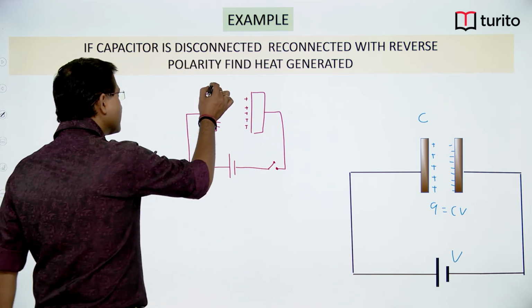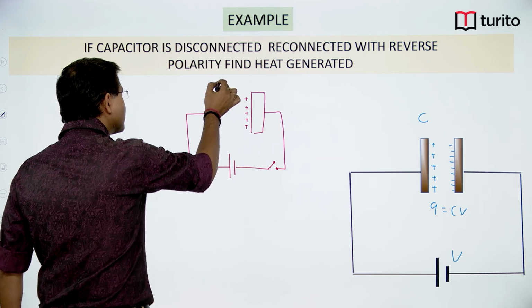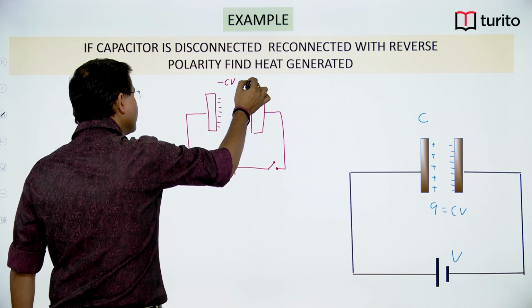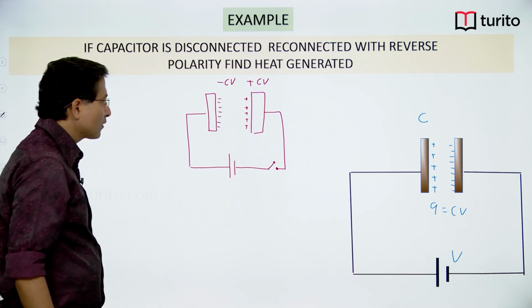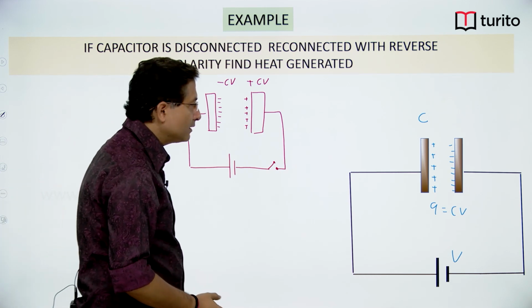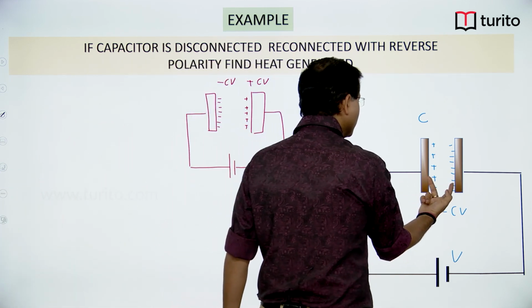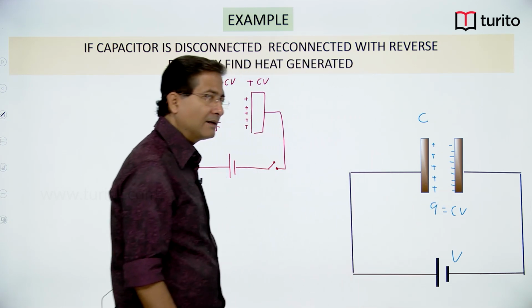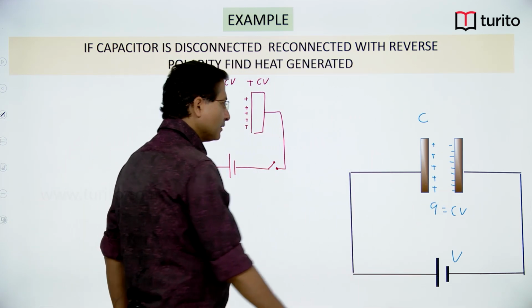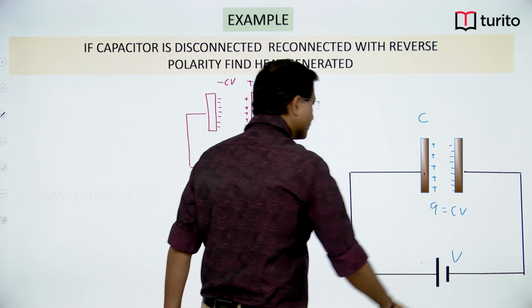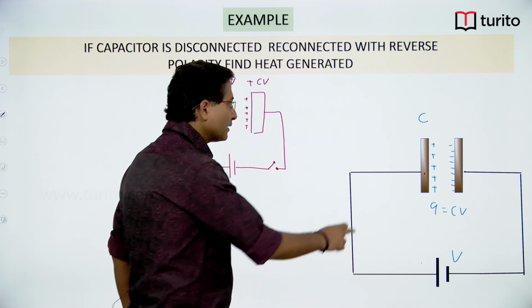So, look at this charge, this is minus CV and this is having plus CV charge. You can see that once you connect it again with reverse polarity, earlier the potential here was V, with this terminal at higher potential.